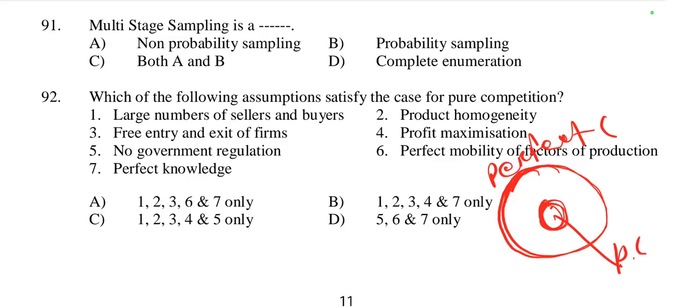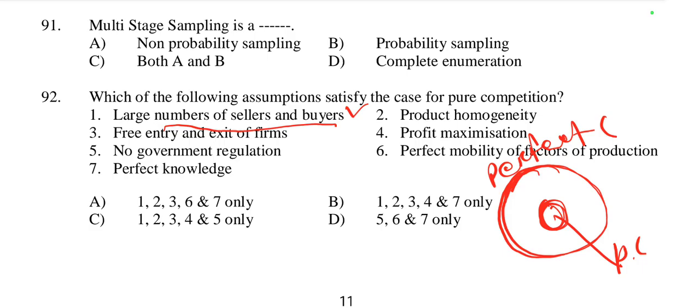The characteristics of perfect competition are many. If we choose only the three basic characteristics of perfect competition, then it is called pure competition. These first three are the more important characteristics, so we can distinguish pure competition from perfect competition. The assumptions are, first, a large number of buyers and sellers.